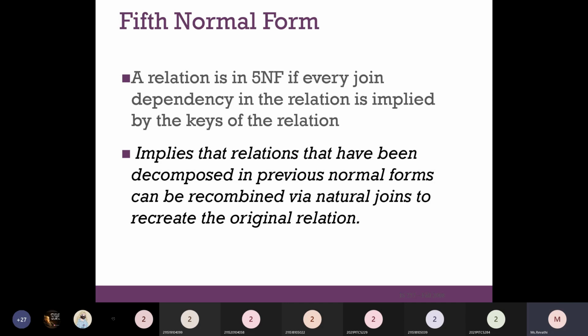Third normal form must disallow transitive functional dependency. Boyce-Codd normal form insists that every determinant must be a candidate key, and the candidate key must be a single attribute. The fourth normal form deals with your multi-value dependency, and fifth normal form deals with lossless joins.